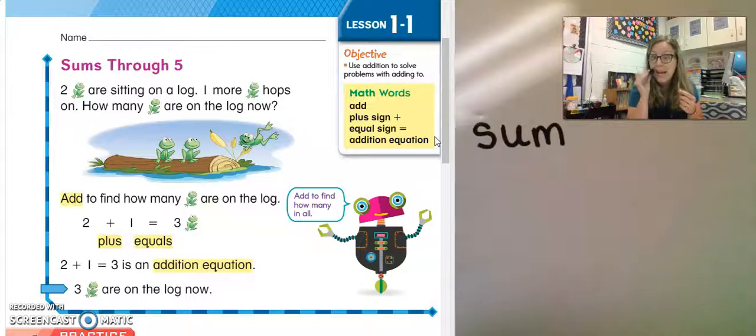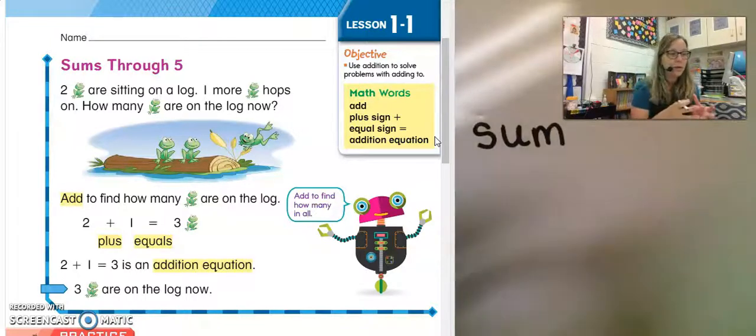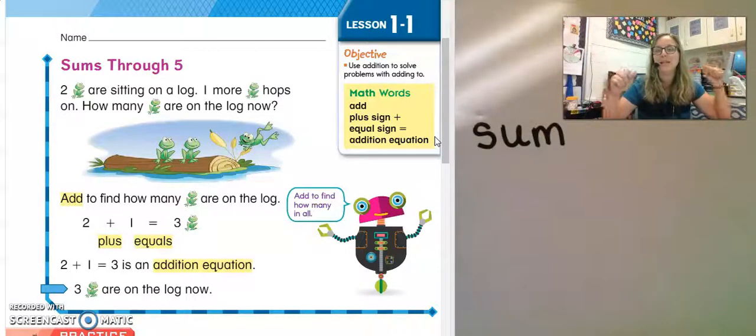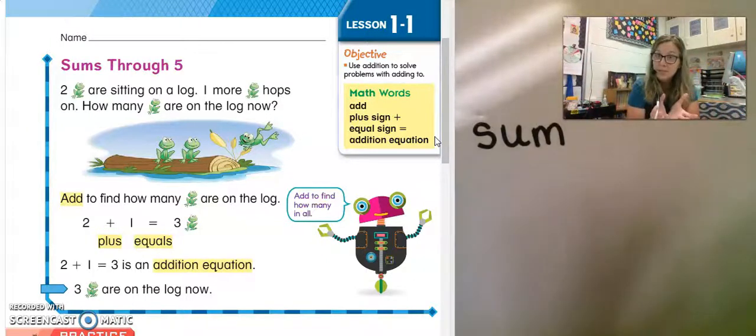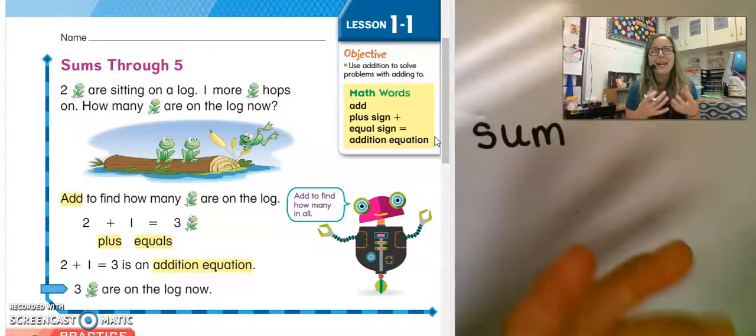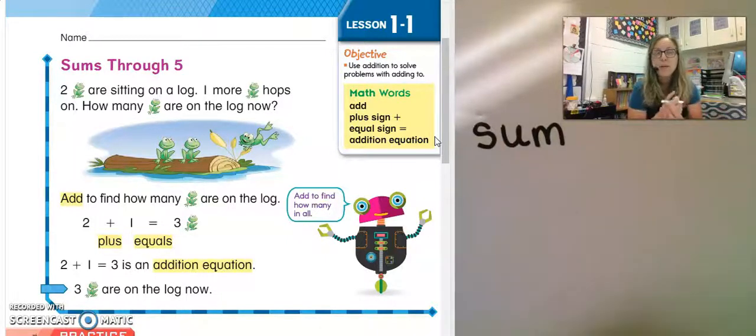So when we're adding numbers together, 1 plus 1 or 5 plus 8, or anytime we're bringing numbers together to get a larger amount, we call that total or that answer the sum. So the sum of 1 plus 1 is 2.